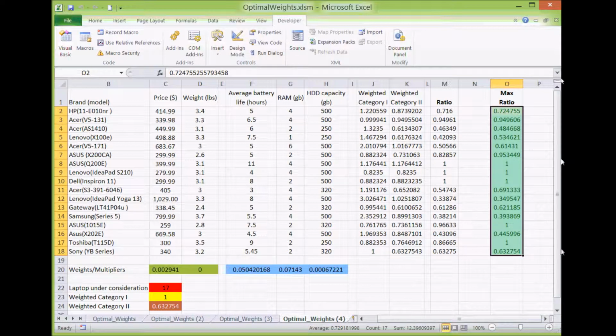If you pay attention to the ratios, many of the maximum ratios have actually decreased when you compare that to the original problem without that additional constraint of the battery life being at least 3 times more important than weight.